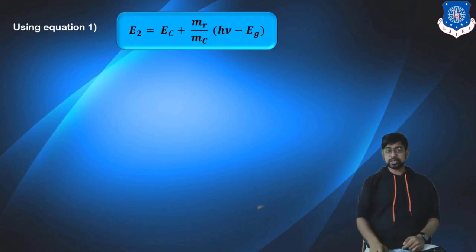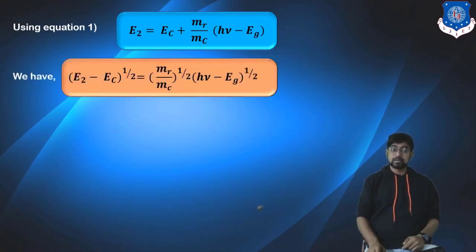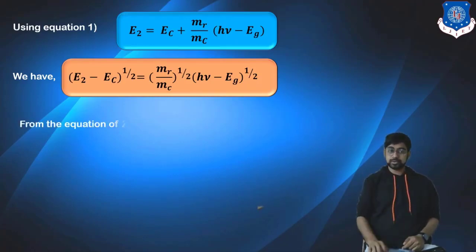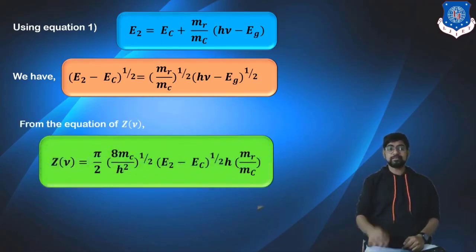Now, using equation 1, we get E2 equals EC plus mr by mc (hv minus Eg). This we have already derived. What we require in the density of states is E2 minus EC raised to 1 by 2. So in the above equation, we subtract EC and take the entire term to the power 1 by 2. When we do this in the equation for Zv, we get the ultimate term: Zv is equal to pi by 2 (8mc upon h square) to the 3 by 2 times (E2 minus EC) raised to 1 by 2.